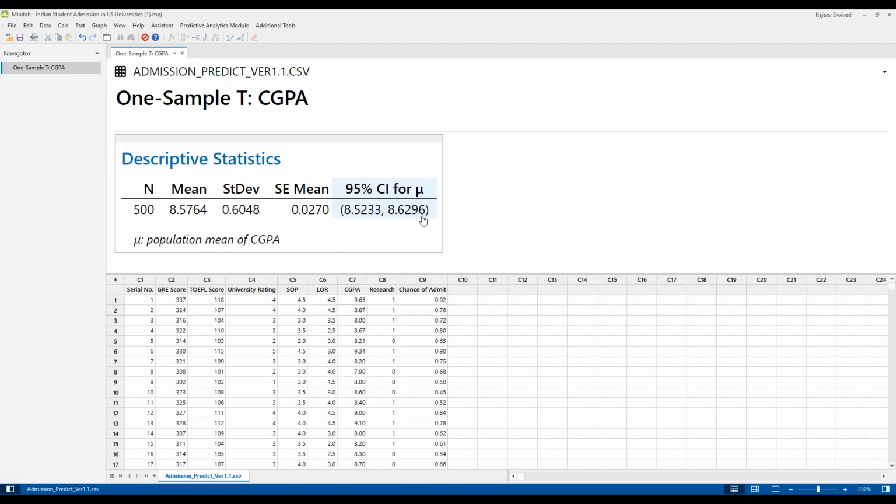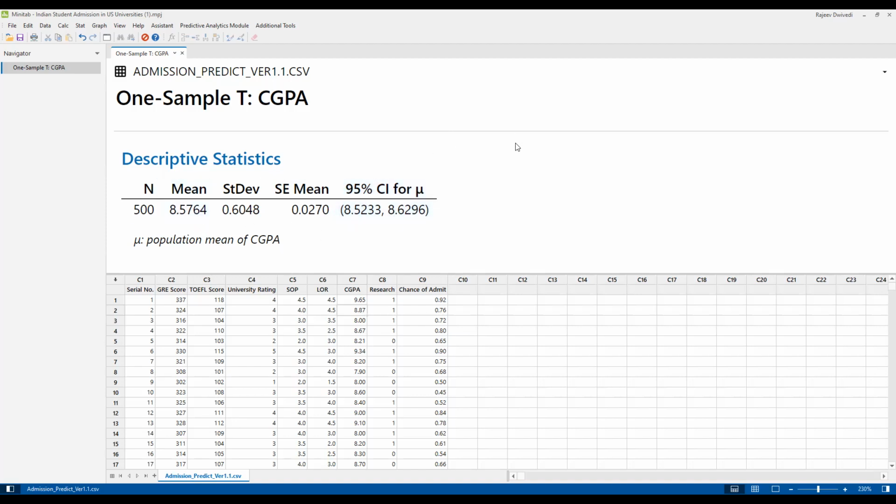I can estimate between this range with a 5% possibility that it may not be there. So we are taking a 5% risk. Are you getting me? That is the importance of this part. Similarly, you can estimate the confidence interval, the lower limit, the upper limit.